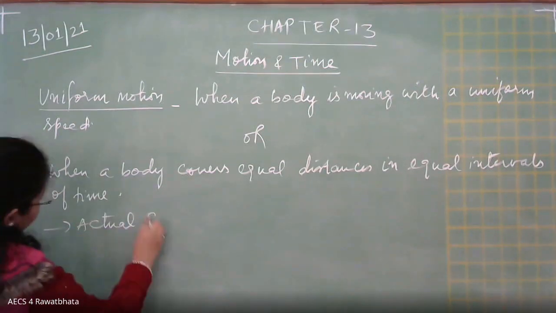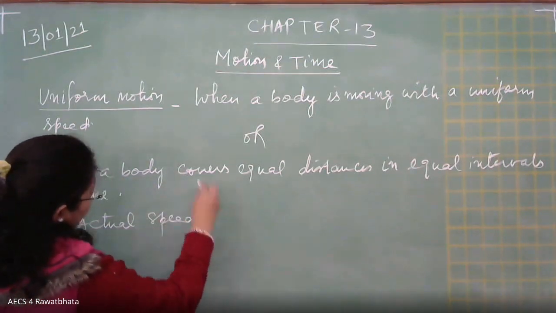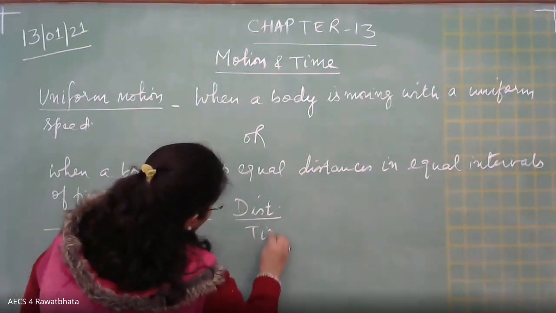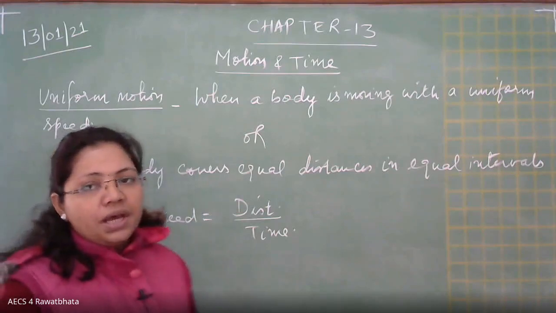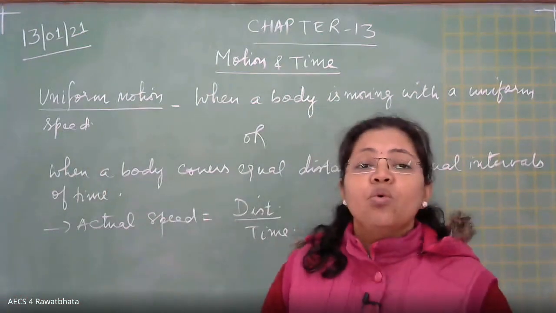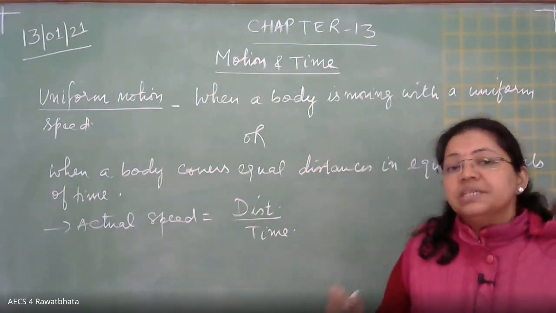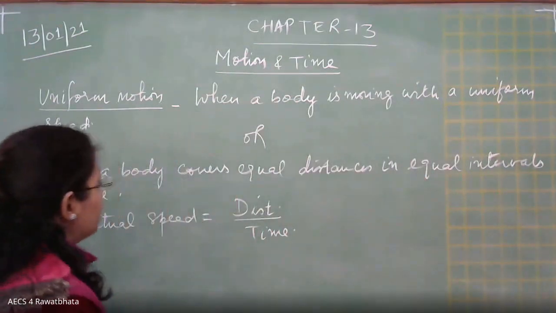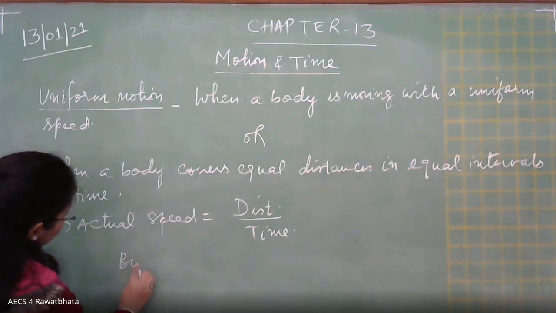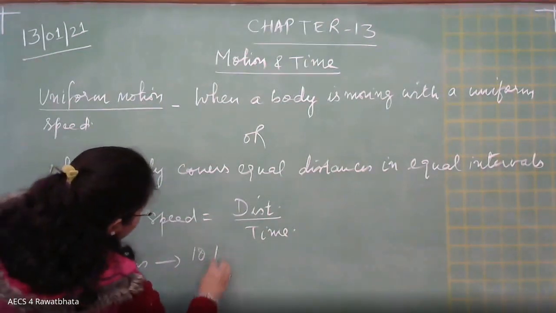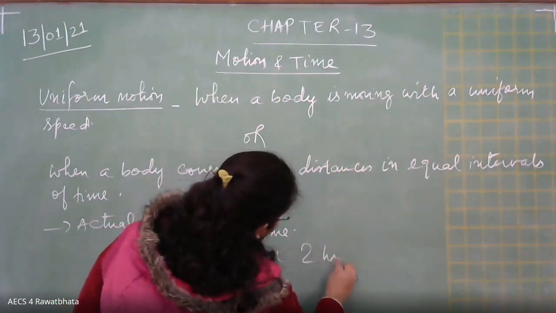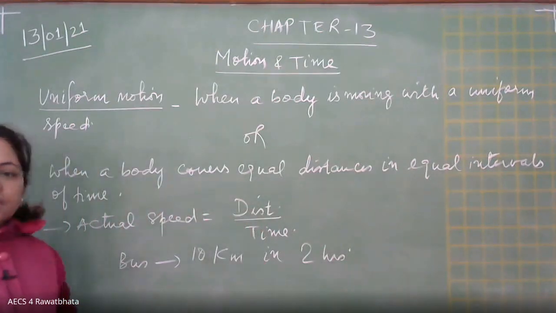Now in case of uniform motion, the normal speed will be the actual speed. Simply we have to divide the distance upon time, because here the body is moving with a constant speed. For example, there is a bus which is covering 10 kilometers in every 2 hours.